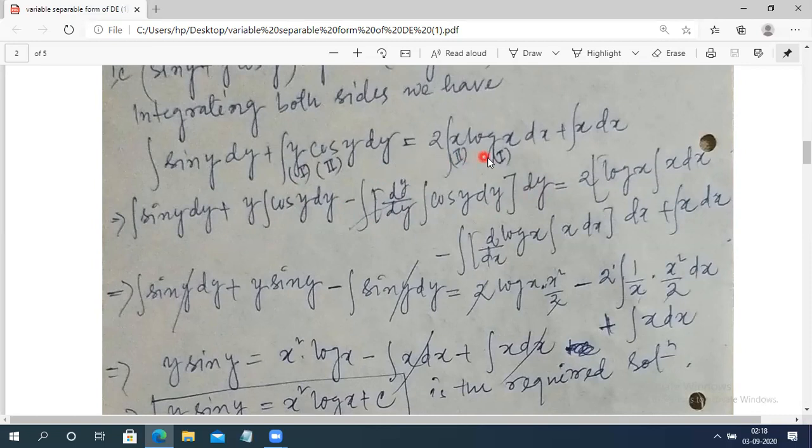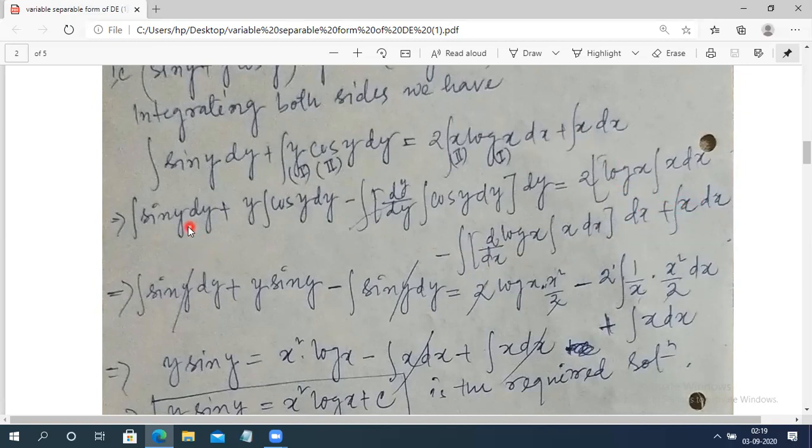And on the right hand side, 2 is already there. x log x, again if we take log x as the first function and x as the second function, then first function into integration of second, with negative sign, differentiation of first function into integration of second, and the whole integration with respect to dx. And plus x dx is already here.